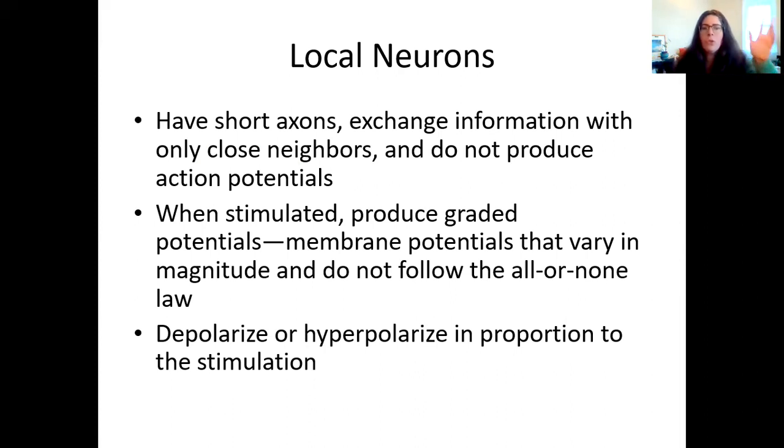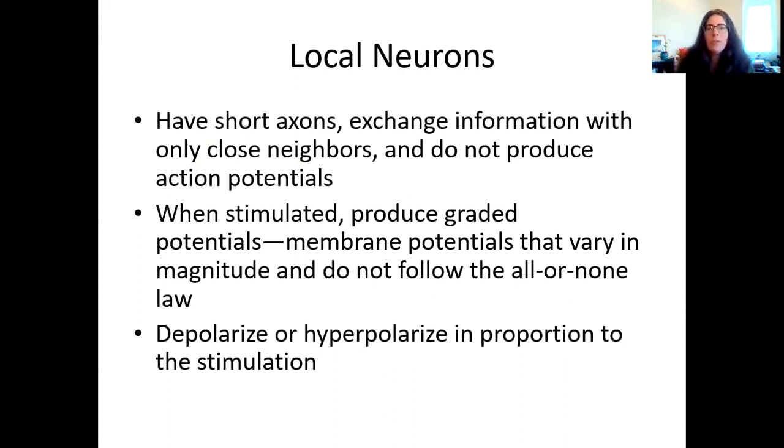So they produce graded potentials, which vary in magnitude related to the intensity of the message they're receiving. It does not follow the all or none law. Again, the all or none law: when a neuron fires, it will fire with the same velocity and magnitude every time, independent of the intensity of the stimulus.